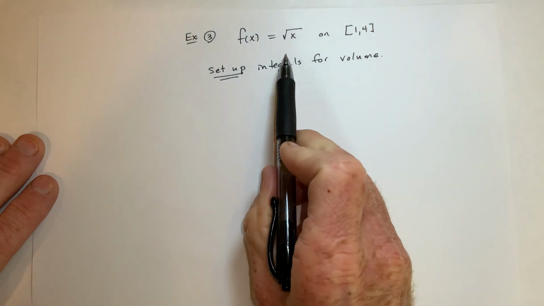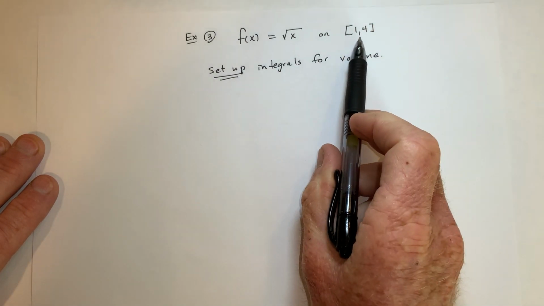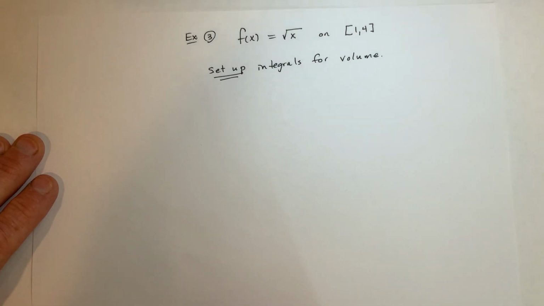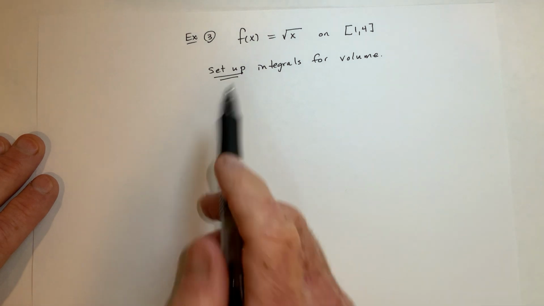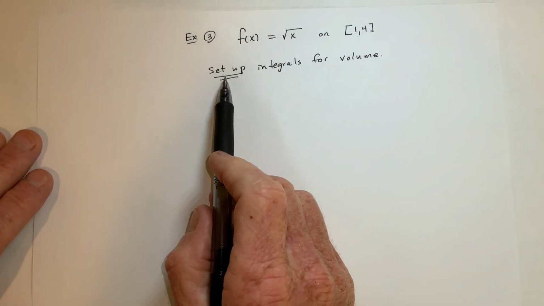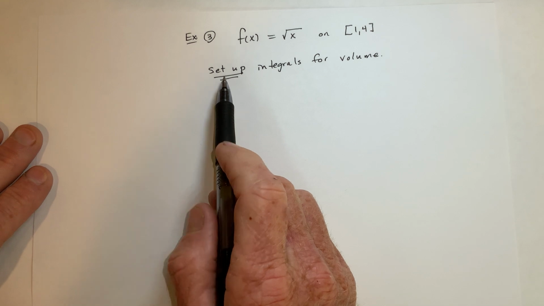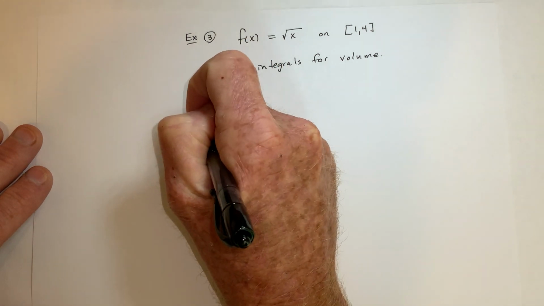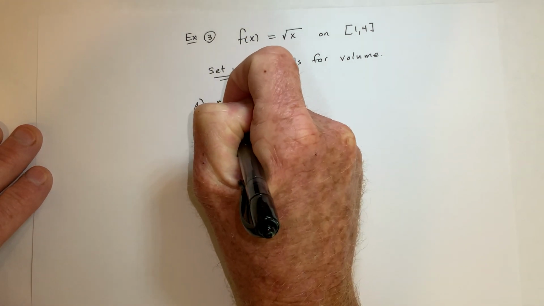If this shape right here, on the interval from 1 to 4, is rotated about an axis, then it becomes a three-dimensional object. Find the volume of that three-dimensional object. And you only need to set up the integral, not actually work out the problem. So part A, rotate about the x-axis.